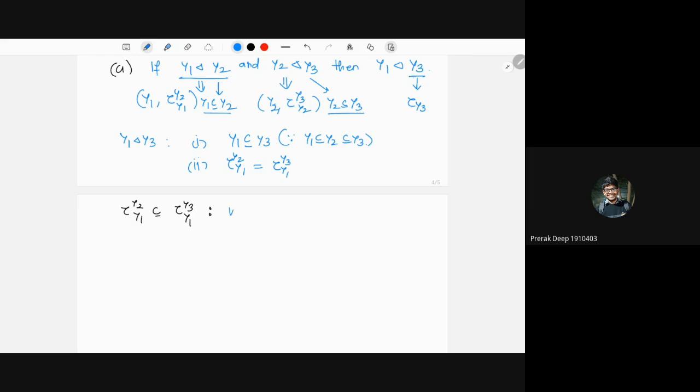Again, for that we start with an open set W in the first topology. What does this mean?